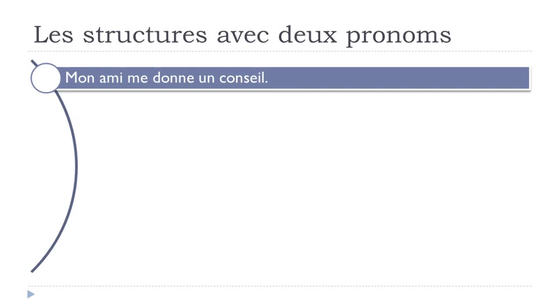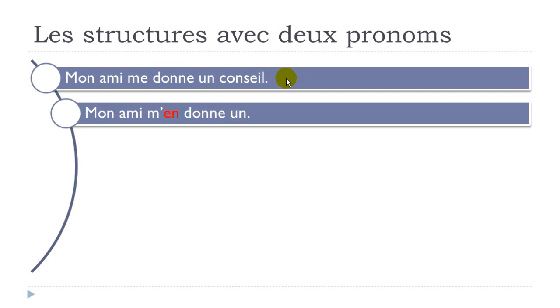Mon ami me donne un conseil. So mon ami, my friend, me donne, donner is to give, un conseil, an advice. Let's say that we would like to replace un conseil, and we saw in the previous lesson that un conseil could be replaced with en.